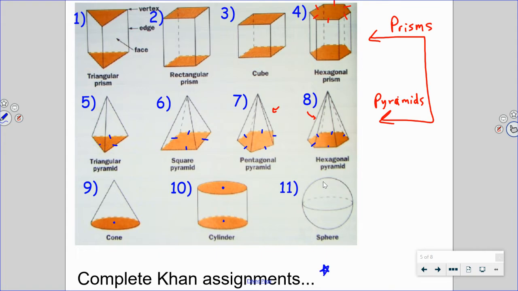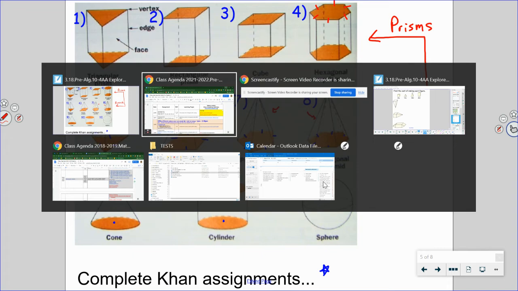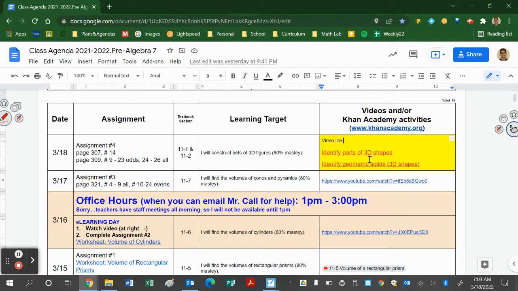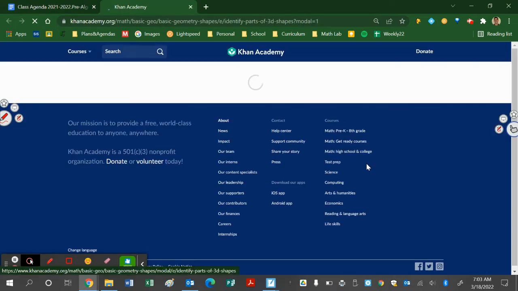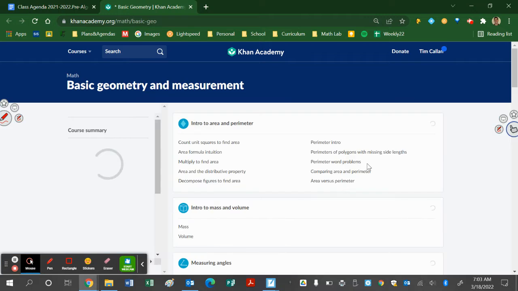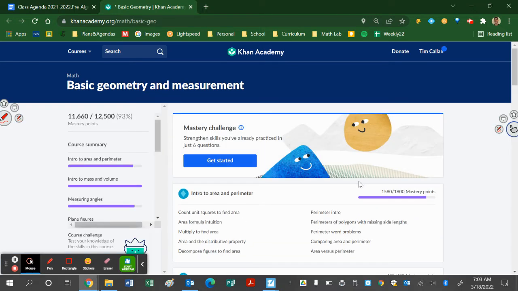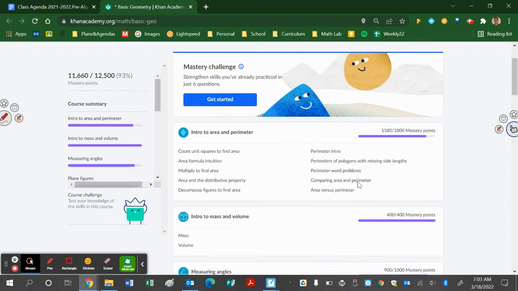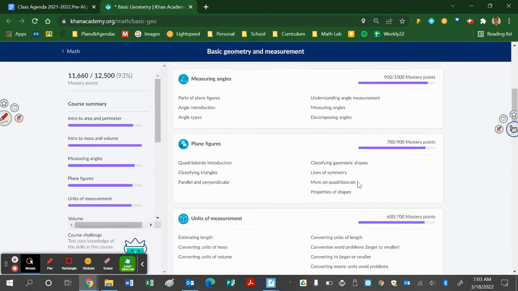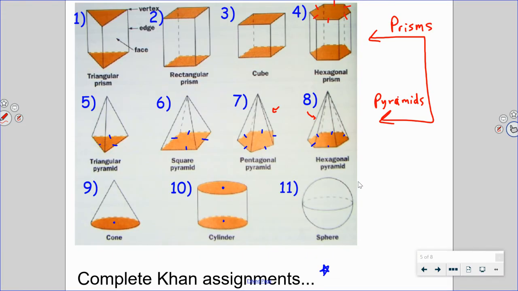At this point, I would ask you to pause your video, go back to your agenda, and may I suggest, please, going in order, starting with the top, identify parts of 3D shapes on Khan Academy. I don't remember how many questions there are to it. I was hoping that would go straight to it. I'll see if I can figure out that link.